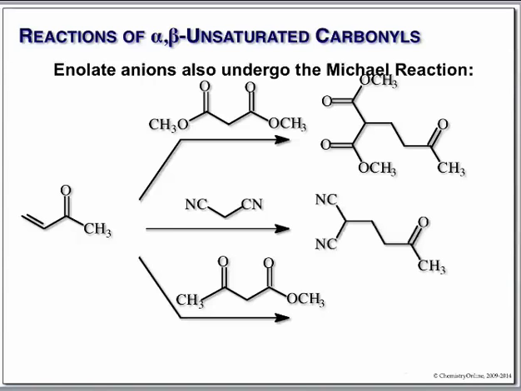And with methyl acetoacetate, same thing. The enolate anion is here on the central CH2. That attacks our terminal carbon. Again, these are the same carbons. This is the bond that we made.